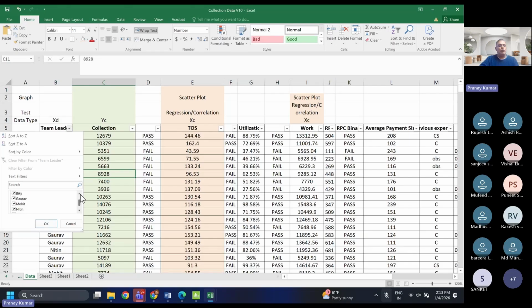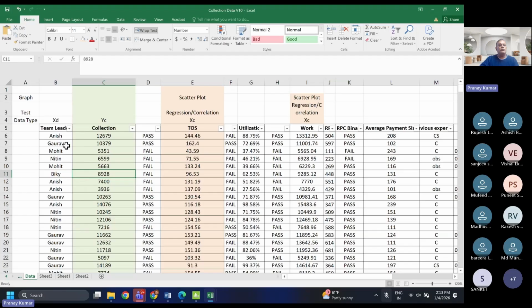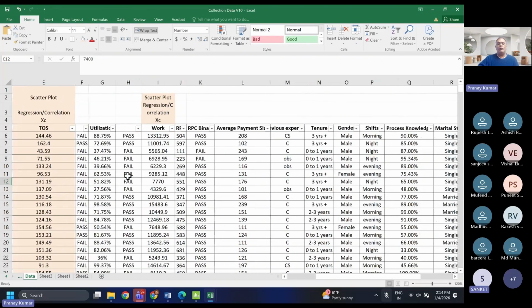It looks like more than two, correct, everyone? I have Anish, Vicky, Gaurav, Mohit, Nitin, Pankaj. It is greater than two. When you want to compare mean of greater than two groups, you will do the one-way ANOVA test. With me, everyone? Yes, sir. Now look at this data.